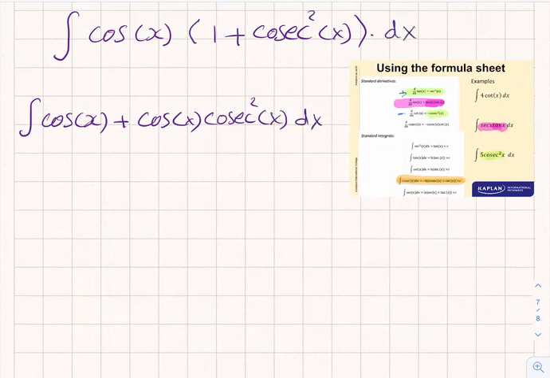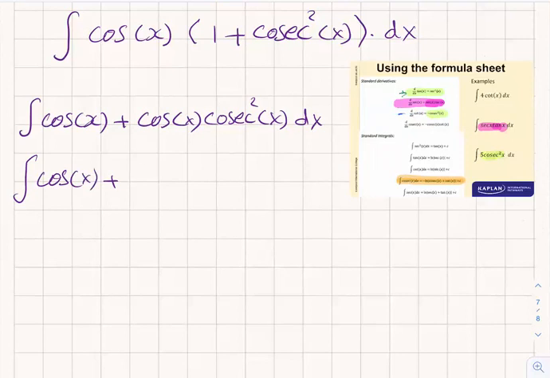Now, the integral for cosine is sine. So this is going to be sine x here plus cosine times cosecant squared. We can simplify this further. Before I integrate, let me go back a step. It's cosine x plus cosine times cosecant squared.